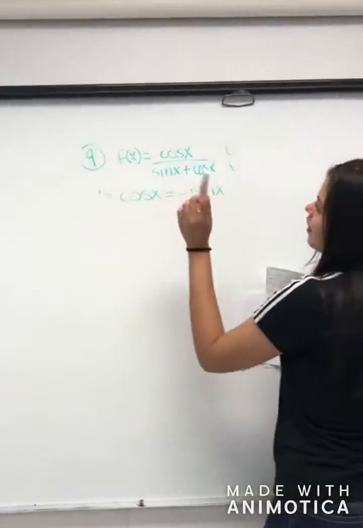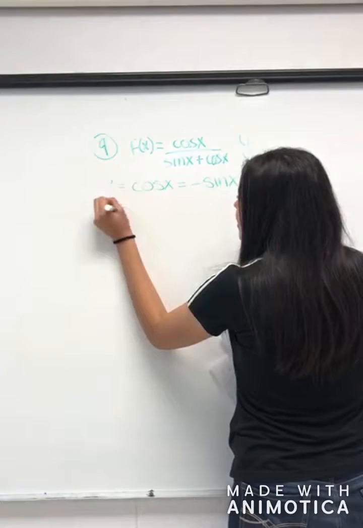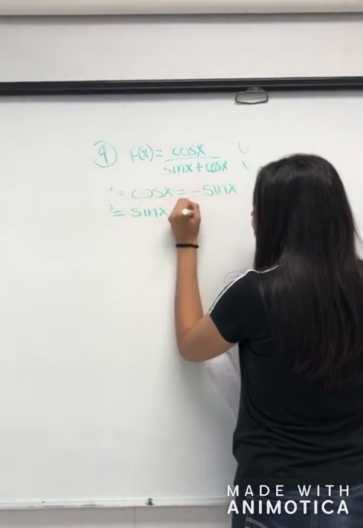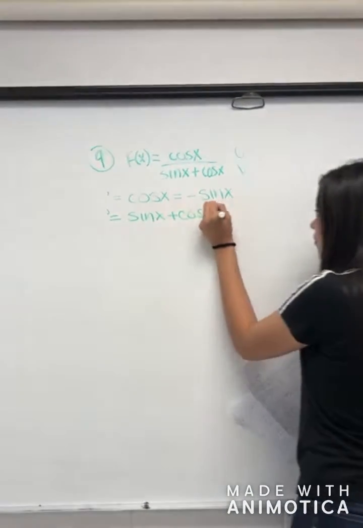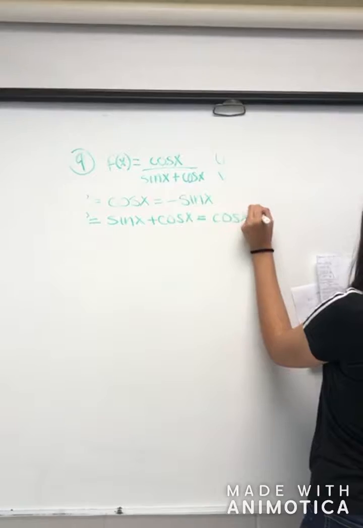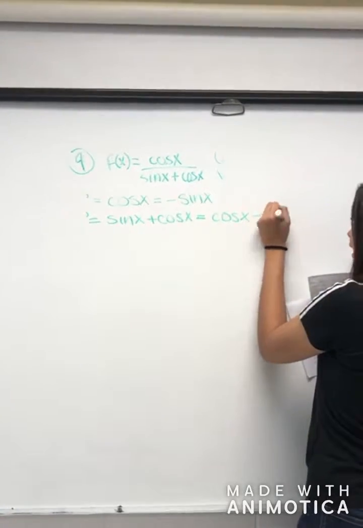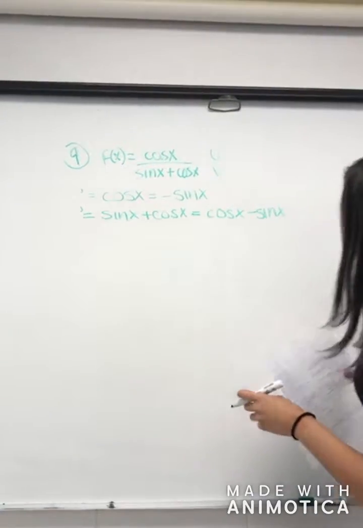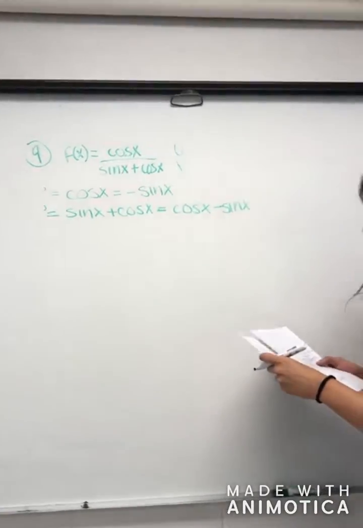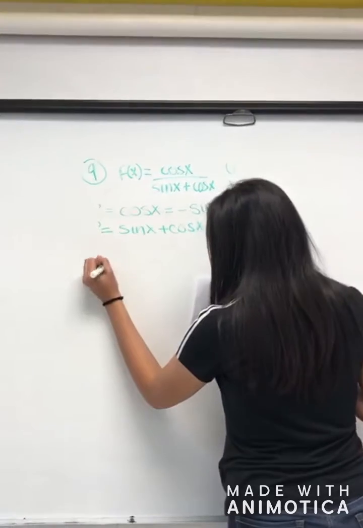Then we have to derive the other, that is sine x plus cos x equal to cos x minus sine x. Now we have the derivative, so we have to use this formula.